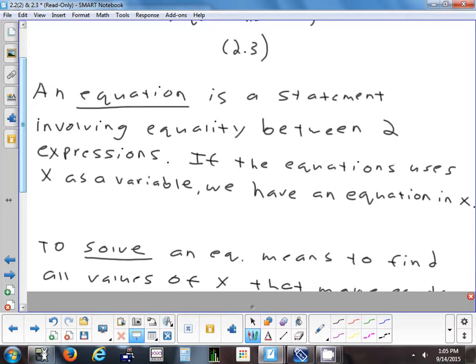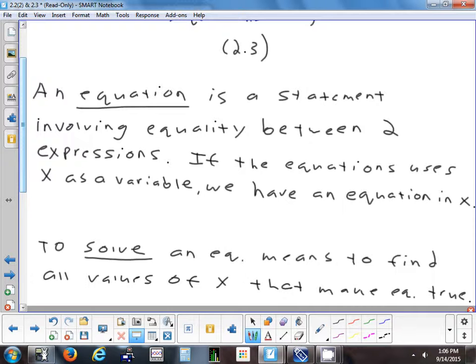To solve an equation basically means to find all the values that make it true. How many solutions does an equation have if you solve it? It's usually like one. Any other thoughts?